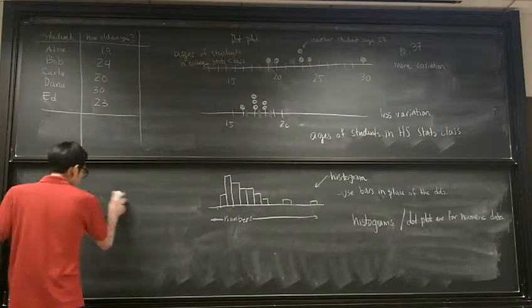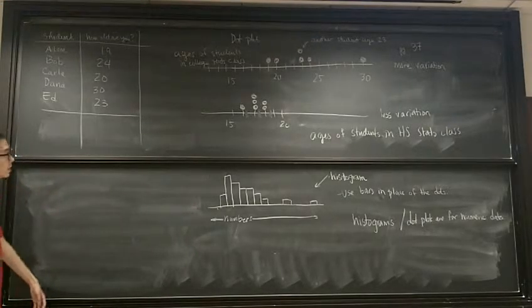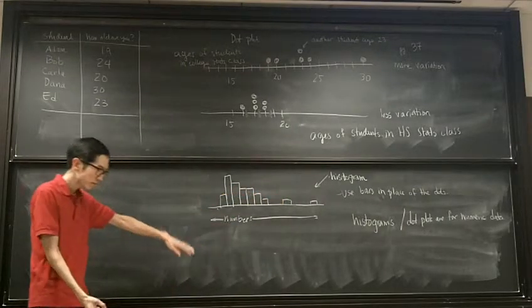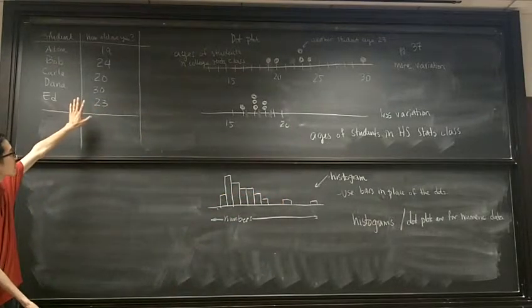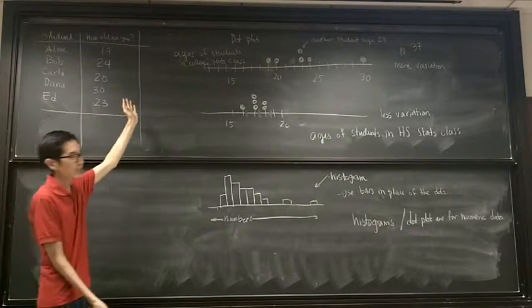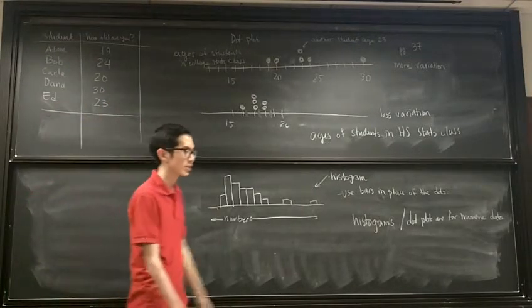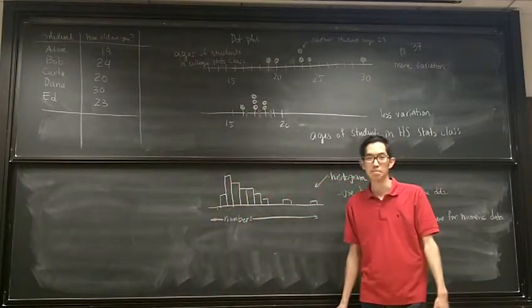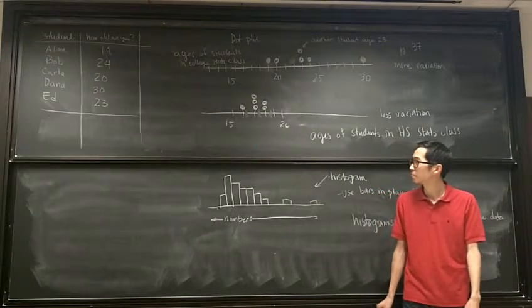When we are describing data sets, so here I've got 5 numbers. How would you describe something like this? Here I've got 5 students and their ages. Can you give me a description of their ages? Mostly around their 20s.